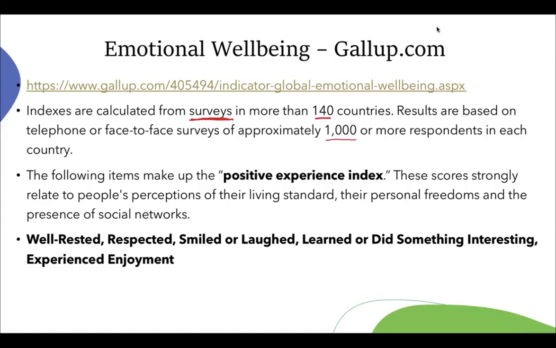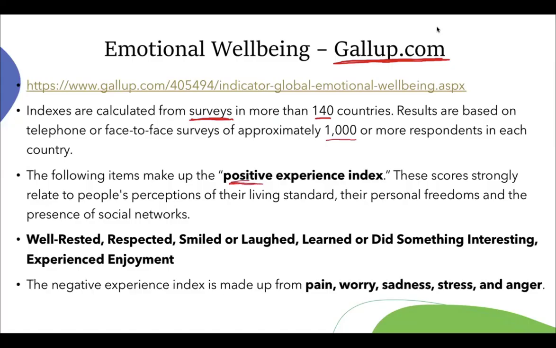These factors are parts of the questions that Gallup asks its survey participants, and the answers are gathered and built to create the well-being index. There are also negative experience index numbers, measured from people's pain, worry, sadness, stress, and anger. So we're going to focus on the positive experience index.